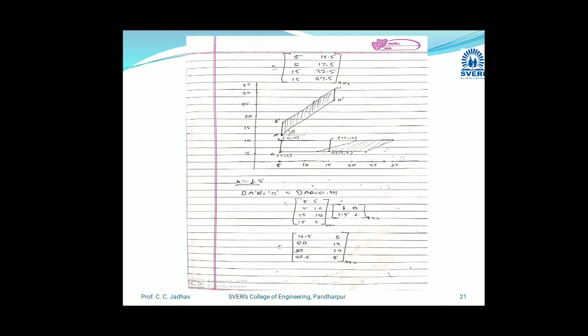In another example, we take the same value for shear in x direction, that is b is equal to 1.5, and we continue with the same process.